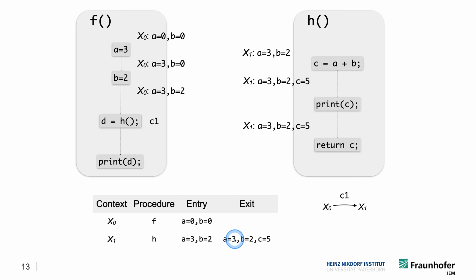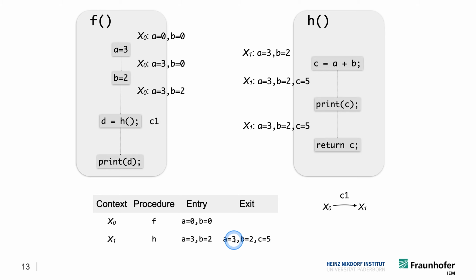Upon reaching the return statement, we store into the table this exit environment that tells us how this input value has evolved into this exit value by conducting whatever functionality is expressed by H. This is basically a summary function. It tells us, given this particular input environment, what the output environment will be if we call H.